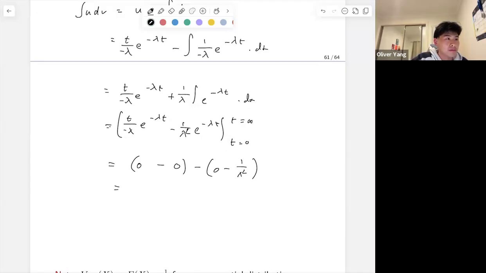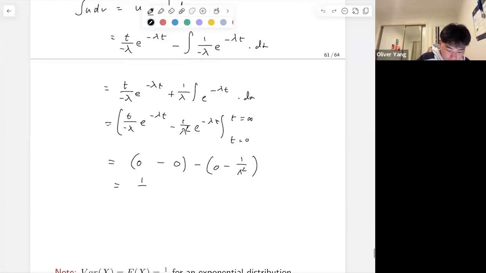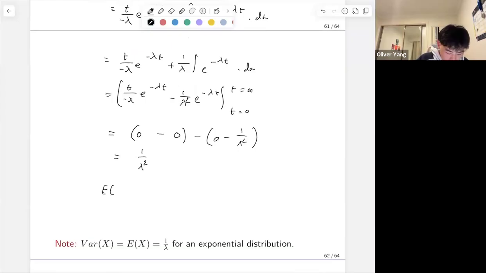And so 1 on lambda squared is what we get. But we know that E of X is equal to lambda times 1 on lambda squared, which is 1 on lambda. Okay. So that's basically the proof for that.